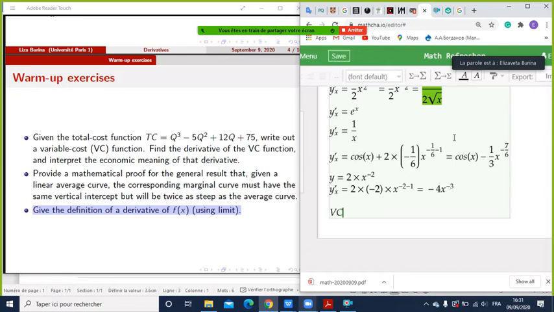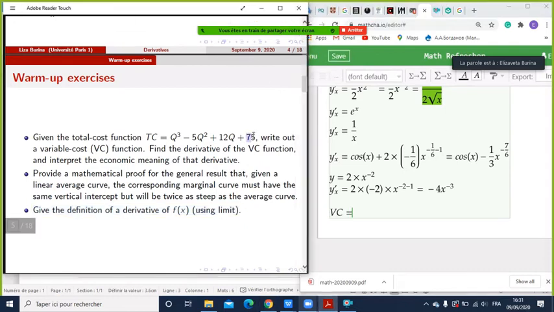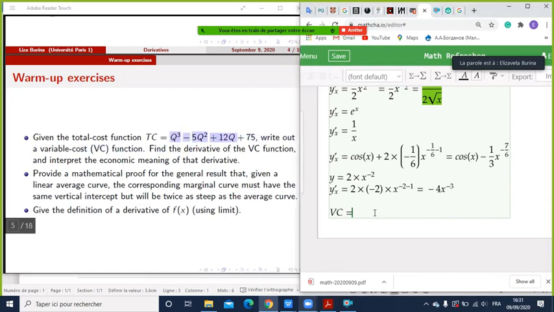And here it was easy to see that what does not depend is 75, and the rest depends because it has Q. So we're just going to write that real quick: minus 5Q to the power of 2 plus 12Q. And that's it. 75 is the fixed cost part.